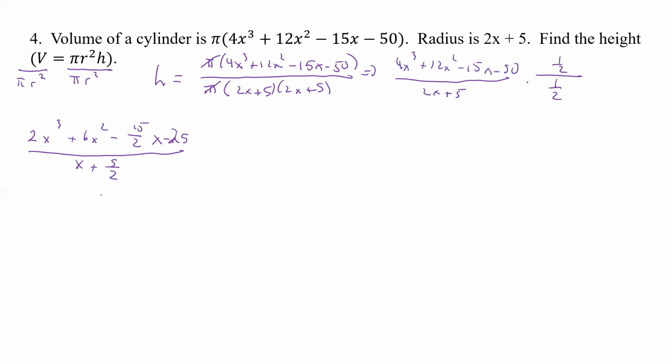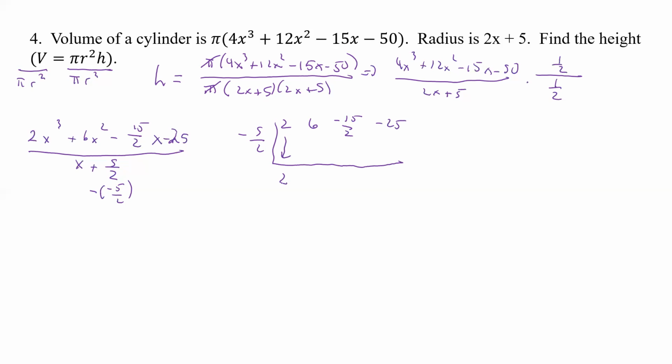Now, we need a negative 5 over 2. So we're going to do that negative 5 over 2 out in front there. And then we have a 2, a 6, negative 15 over 2, and a negative 25. Okay, bring down our 2.